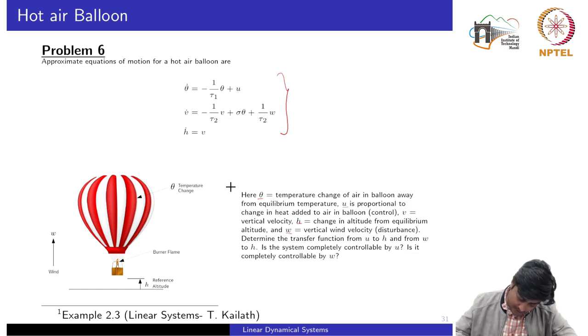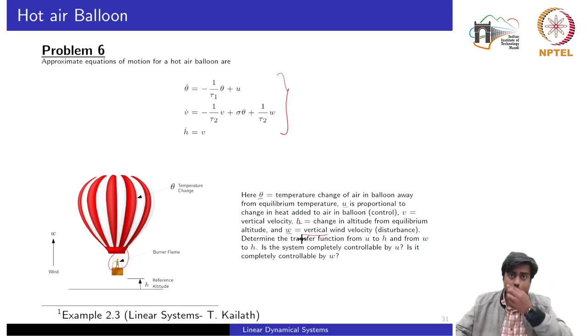Theta is the change in the temperature of the air balloon. u is the change in heat being added so that the balloon can fly. w is some vertical wind velocity. Here we take only the vertical wind velocity, because the wind has three components, but we consider only the vertical component, and this acts as a disturbance. h is the change in altitude from the equilibrium altitude.